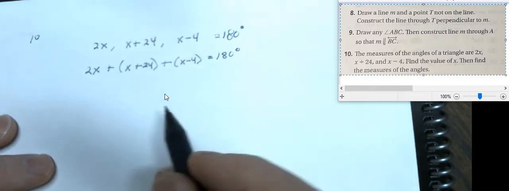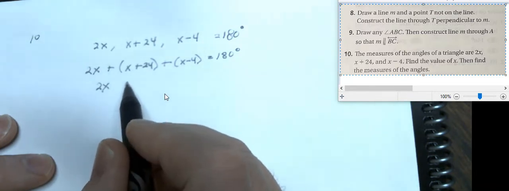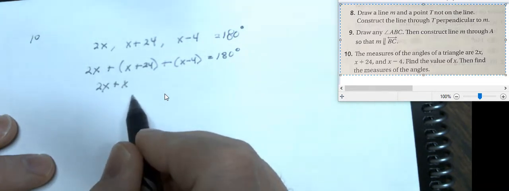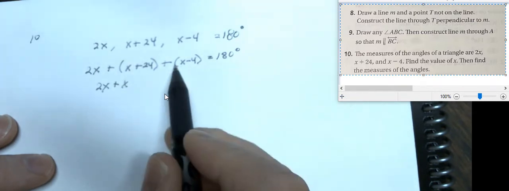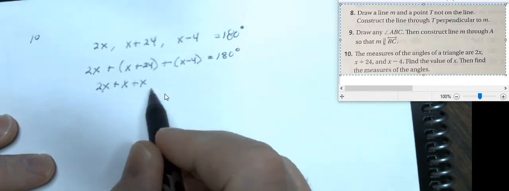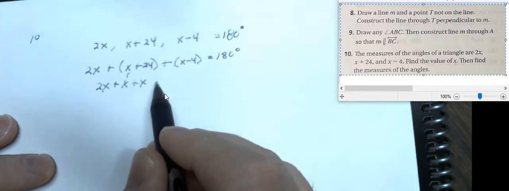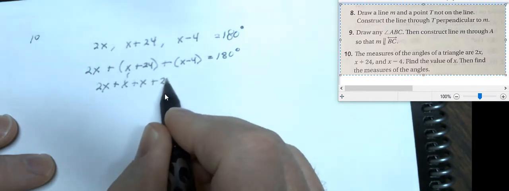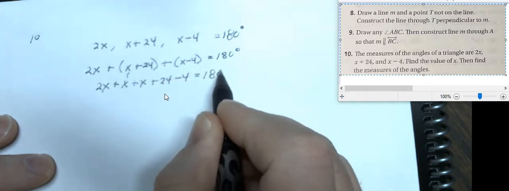So this is basically going to say, bring this down to x plus x, if I take these two x's together, plus 24 minus 4 equals 180.